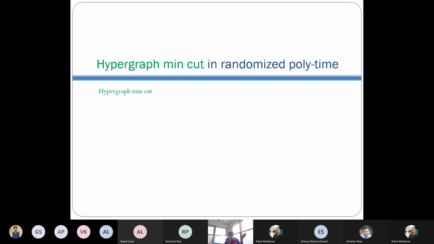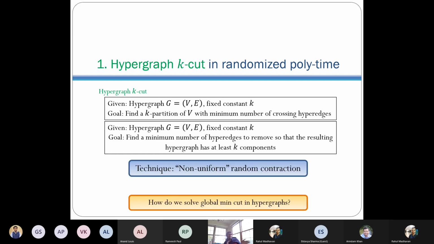So the good chunk will be about how to solve global min-cut in hypergraphs, which corresponds to hypergraph 2-cut. And then once we realize how to solve this via random contractions, I'll tell you how to generalize the algorithm to larger constants K. So that's going to be the plan.